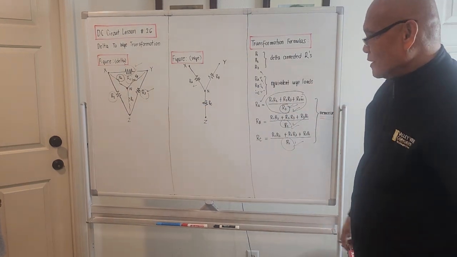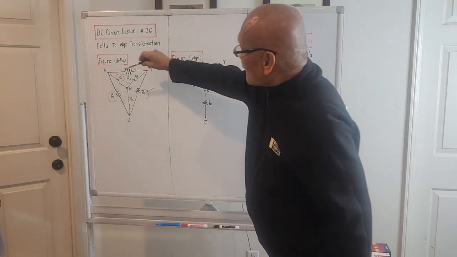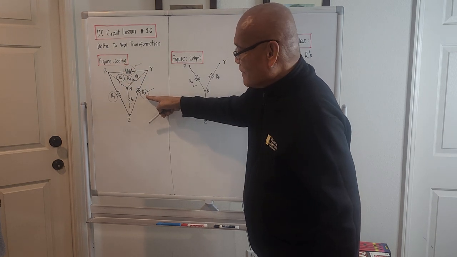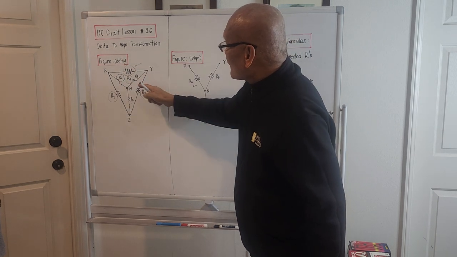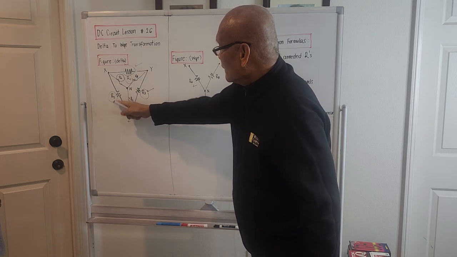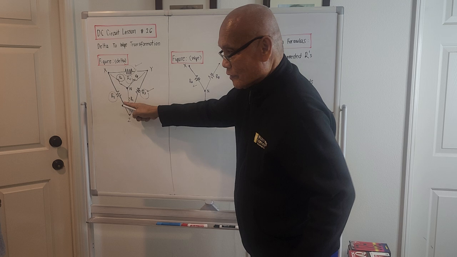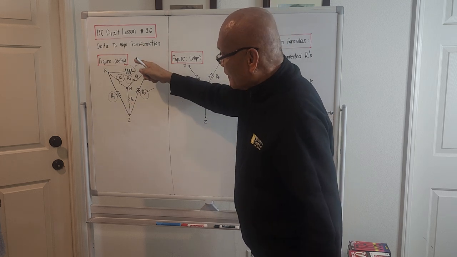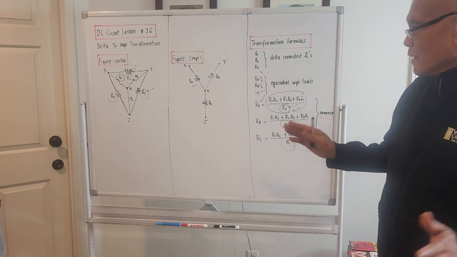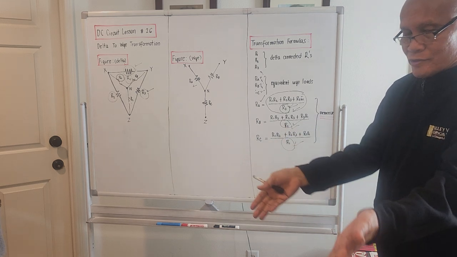I'm just telling you that for R sub A, the denominator should be R sub 3, for R sub B, R sub 2, and for R sub C, R sub 1. That's the only complicated thing there, because if you made the mistake on the denominator, of course, your answer will be wrong.